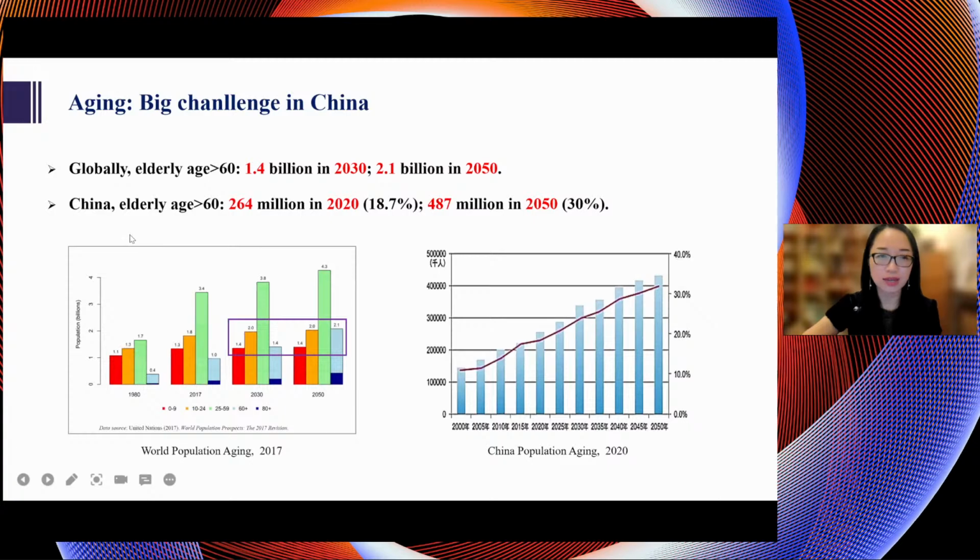In China, the elderly people aged more than 60 years old numbered 264 million in 2020, representing 18.7% of the total population, and will reach 487 million in 2050. The percentage you can see here is pretty high, around 30% of the total population.